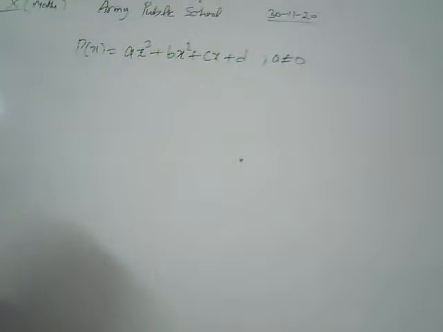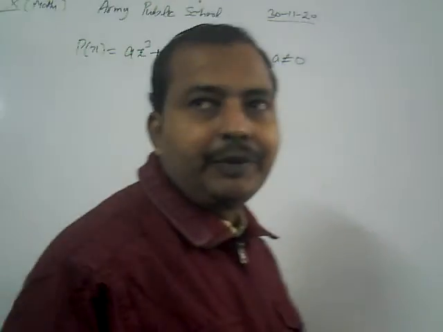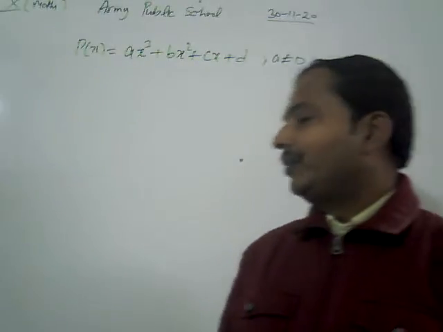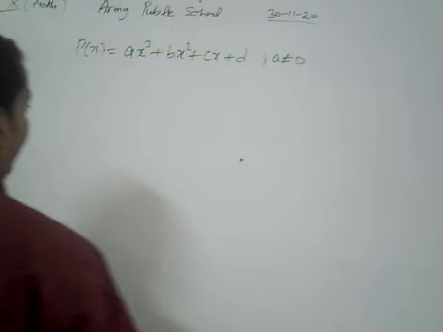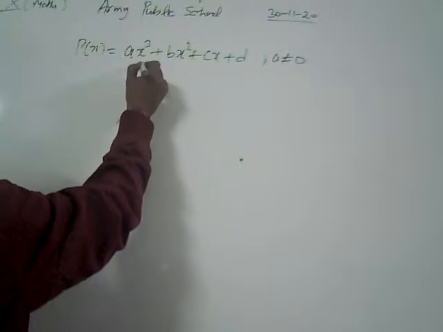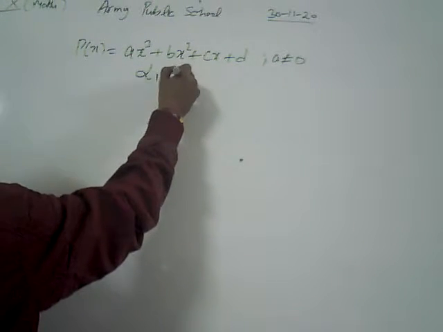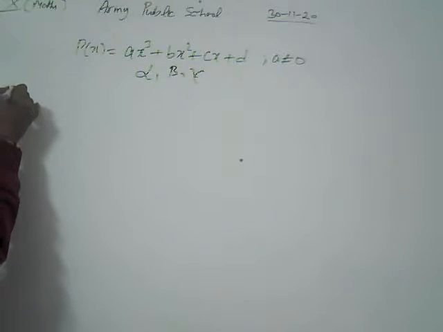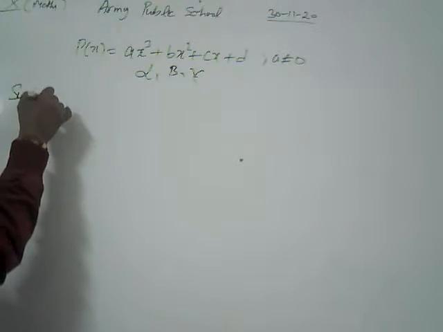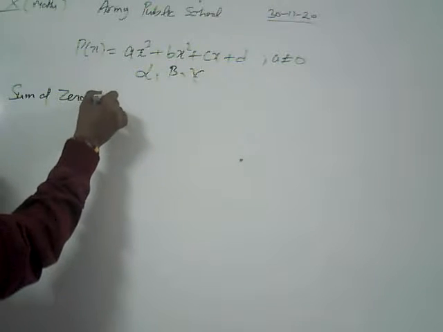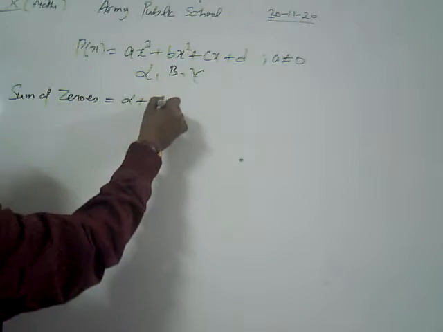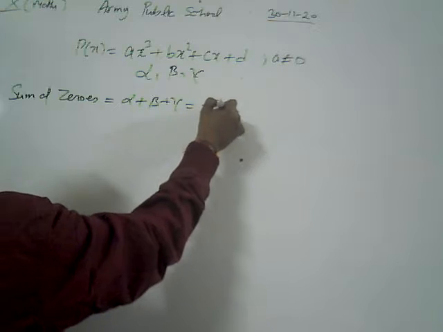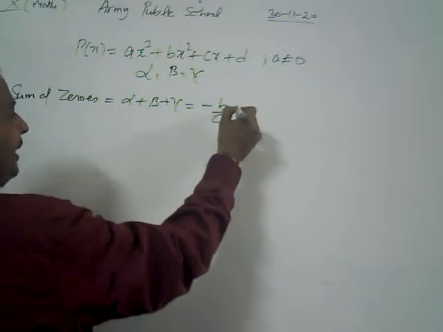Now we want the relationship between zeros of a polynomial and coefficients of a cubic polynomial. Suppose we have three zeros alpha, beta and gamma. Then the sum of zeros, alpha plus beta plus gamma, is equal to minus b by a. What is the meaning of minus b by a?